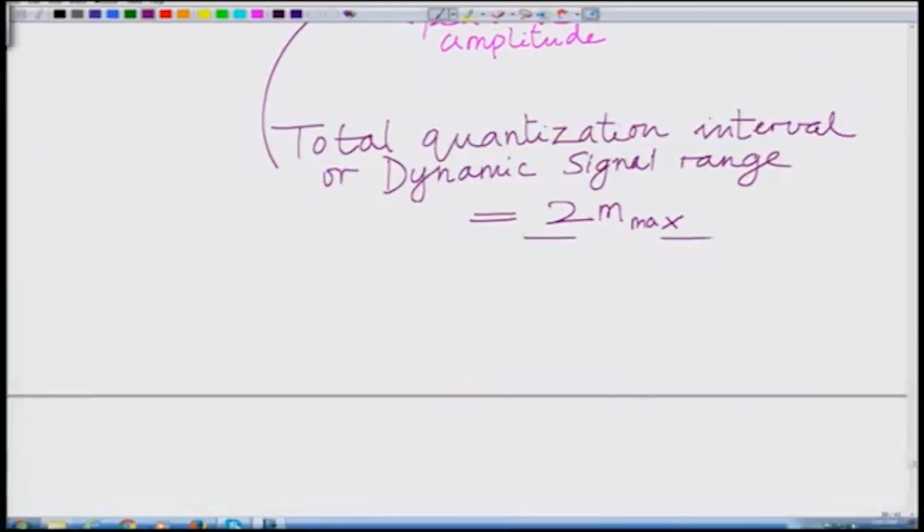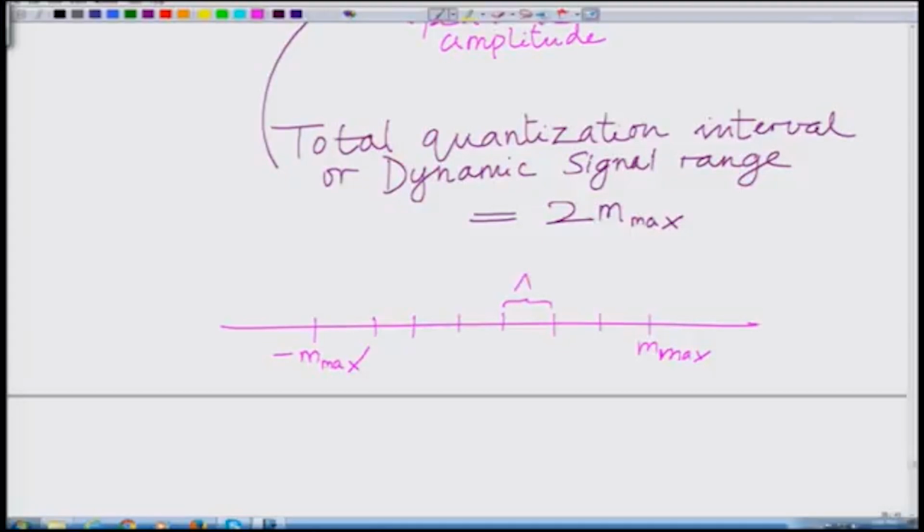So therefore, you have twice m max, this is your dynamic range. So, you have minus m max over here, you have m max over here, and you are dividing this into uniform intervals of width delta.